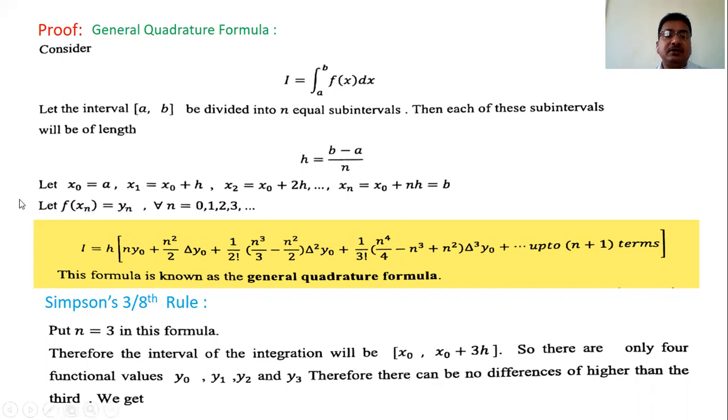So in order to apply Simpson's 3/8 rule, the number of sub intervals must be a multiple of 3.